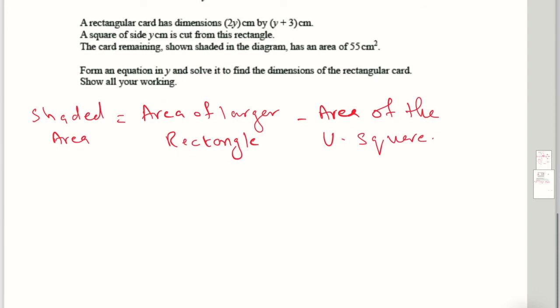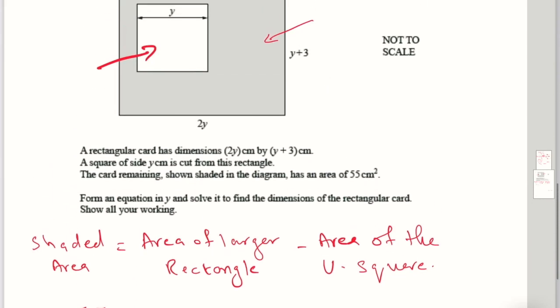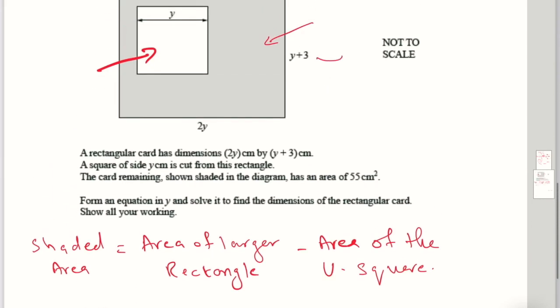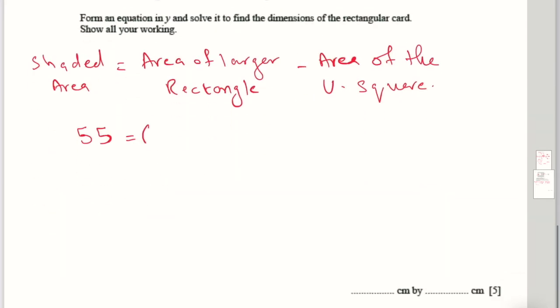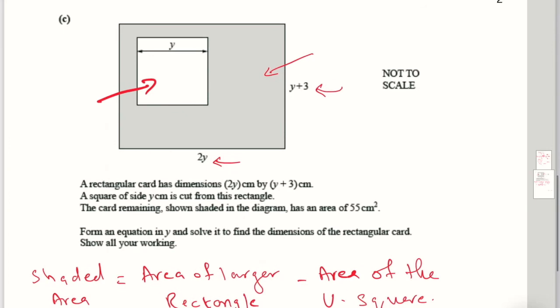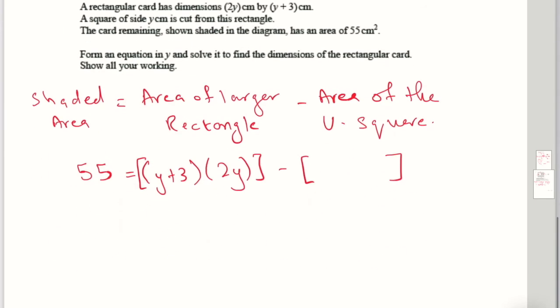First of all, they've given us the area that is shaded, so you write 55 right there. Then in order to find the area of the larger rectangle, you multiply y plus 3 and 2y, so y plus 3 in brackets times 2y, minus the area of the square which has dimensions y by y. So you write y times y.